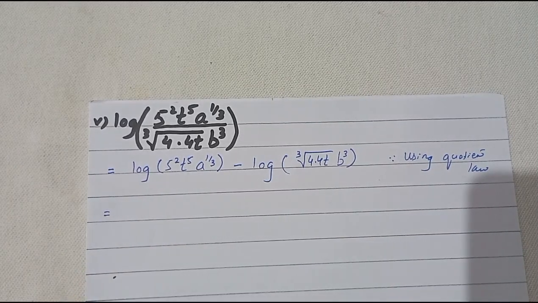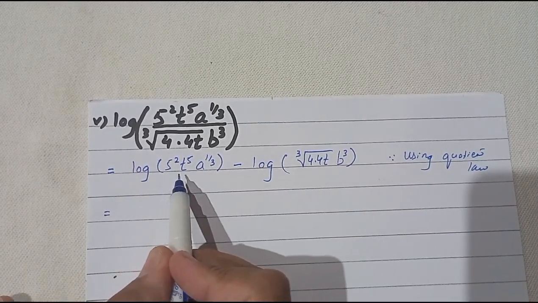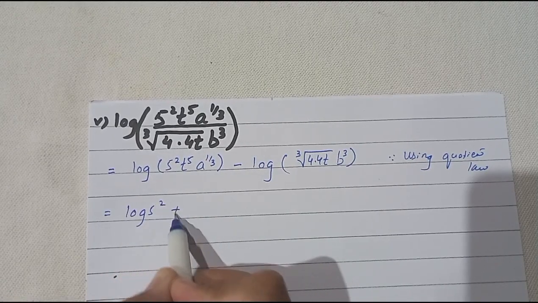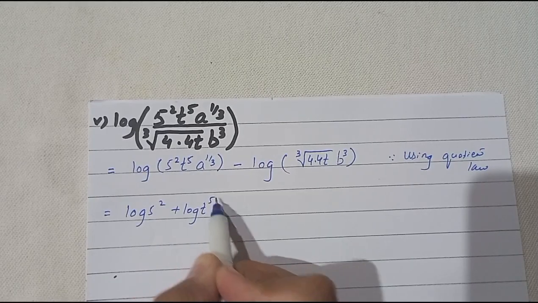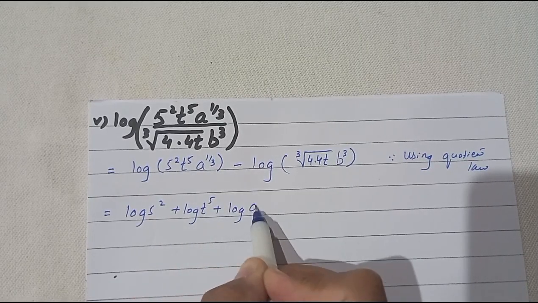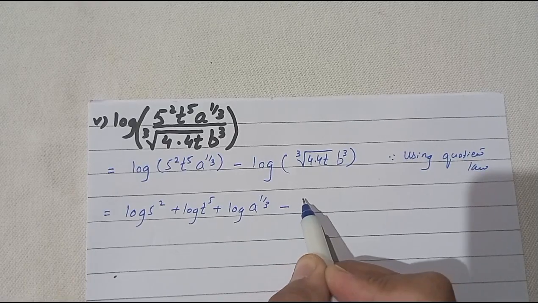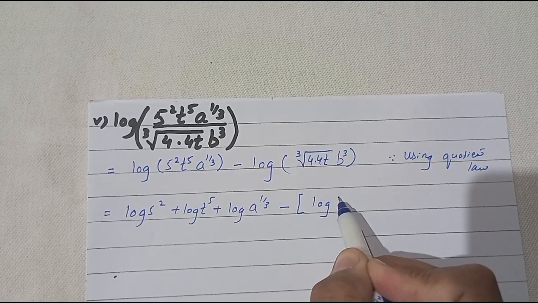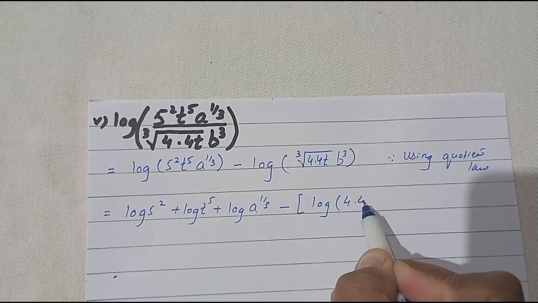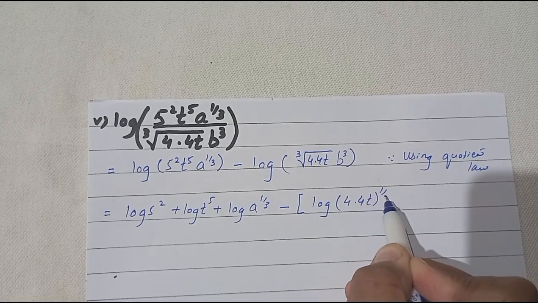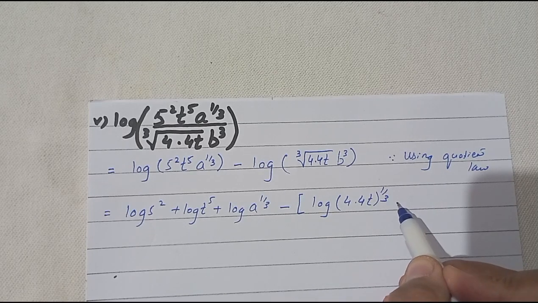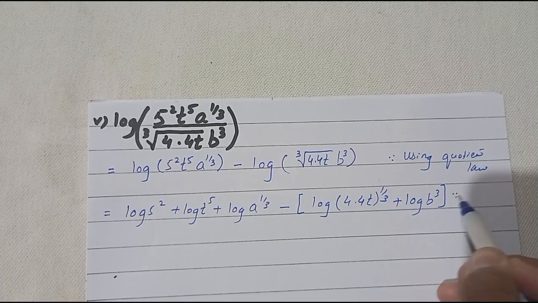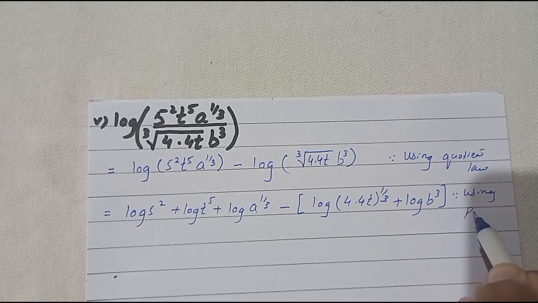Now using product law of log, we apply log on these three terms with plus sign, that is log of 5 square plus log of t power 5 plus log of a power 1 by 3 minus, first write the term in exponential form, 4.4 t whole power 1 by 3, and plus log of b cube, using product law.